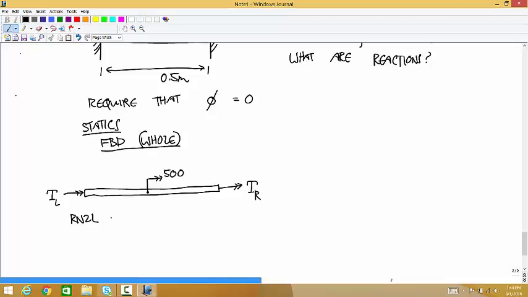So the moment equation about the x-axis says TL plus TR plus 500 is equal to 0.